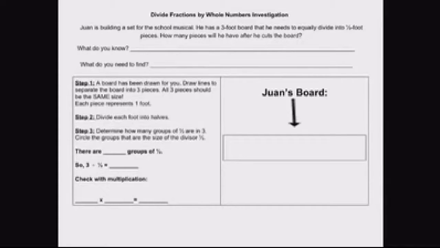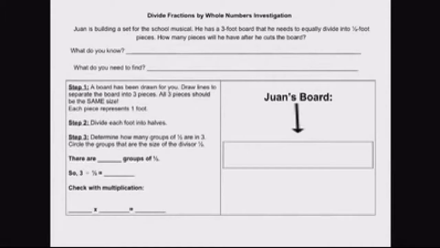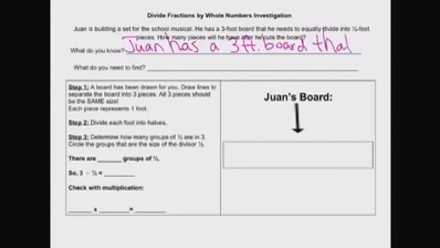Okay, well, let's start by writing down what we know. We know Juan has a 3-foot board that needs to be divided into 1/2-foot pieces.